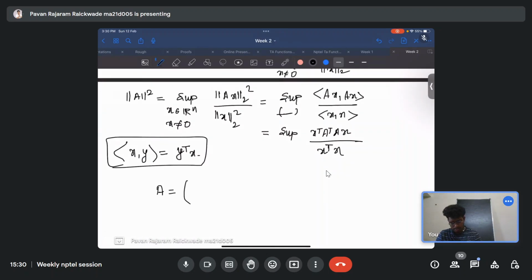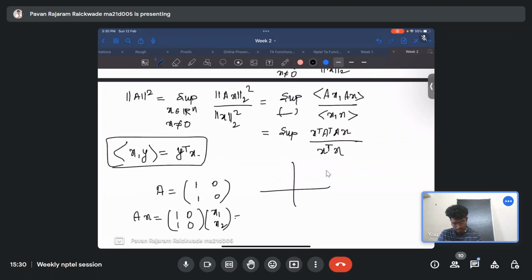Think about this matrix. What does it do for any x? It gives x1, x1, which means the point (1, 0) has been mapped to (1, 1).